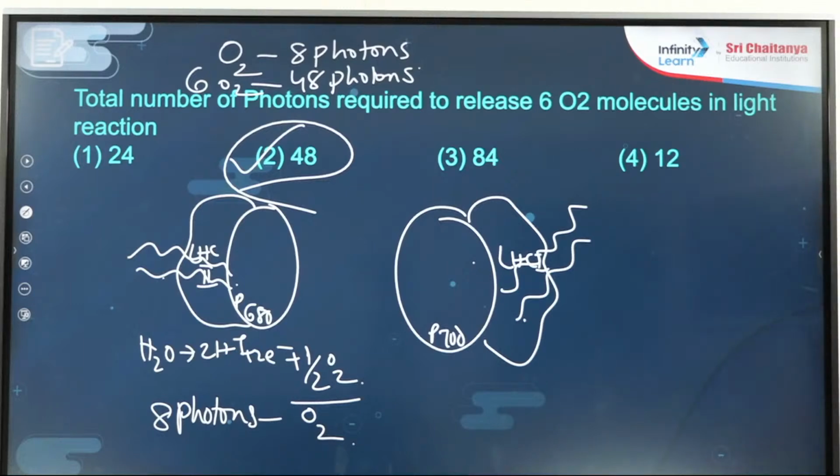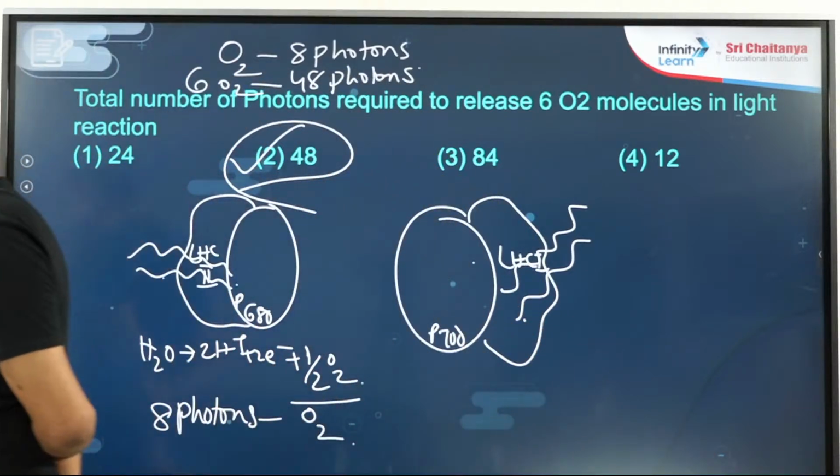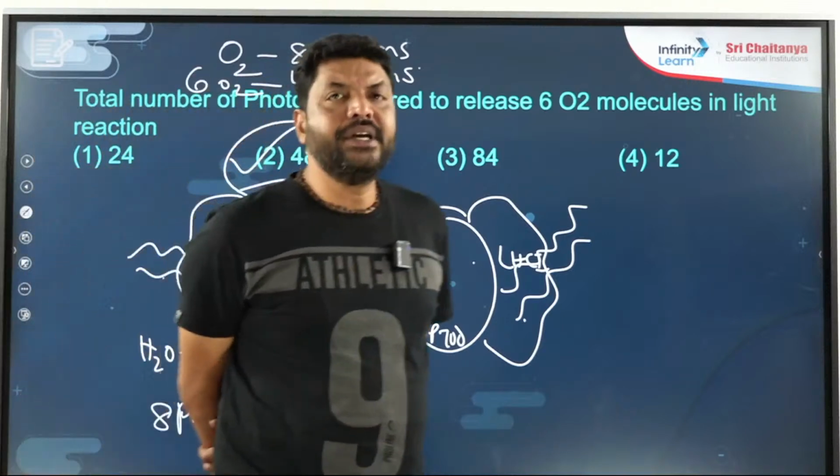Total number of photons of light required for the photolysis of 12 H2O molecules: again 48 photons. So for 1 O2, 8 photons; for 6 O2, 48 photons of light are required. Was it clear?